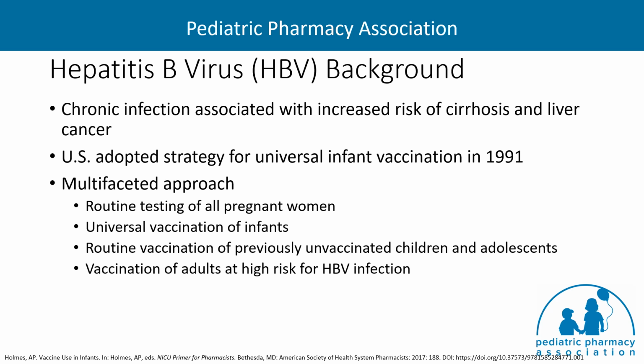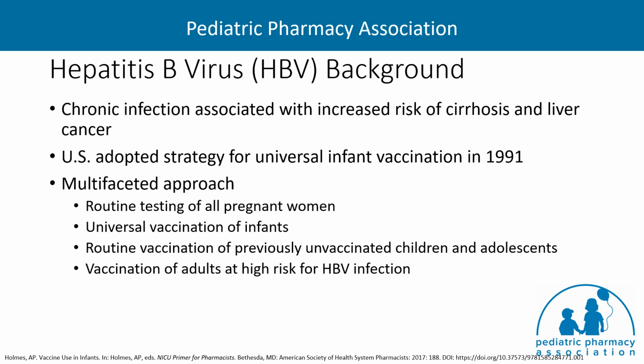The reason that this virus has such an impact on this singular organ is because the liver is the primary site of virus replication. A 2015 article in Hepatology estimated that global deaths from chronic hepatitis B are between 310 and 340,000 per year. So this is a significant number.